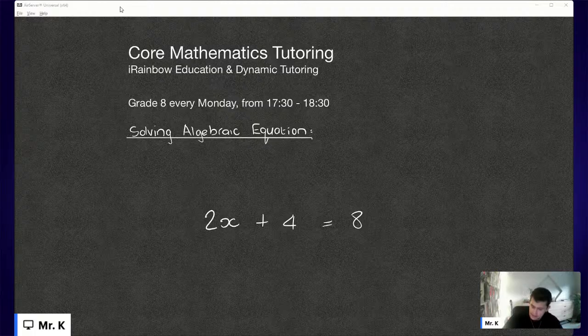But regardless of which style you choose, there's always going to be certain things that hold true for all different styles. Okay. So I'm going to show you the way I recommend a lot of students solve equations. We're going to talk about how and why we do certain things and then go through some examples.